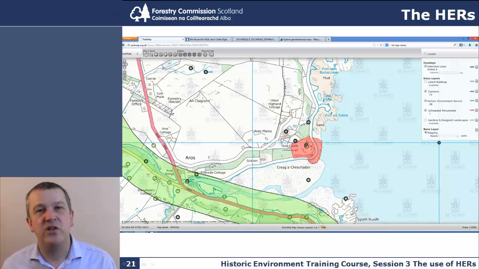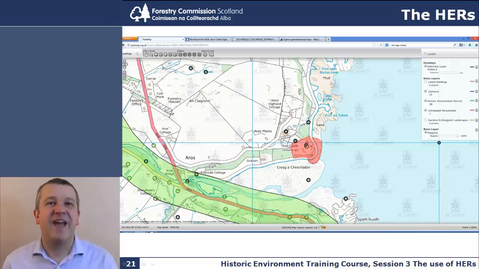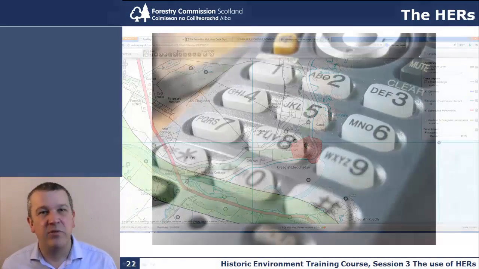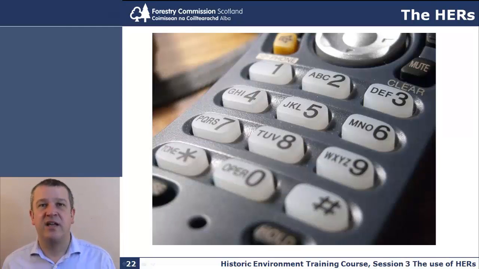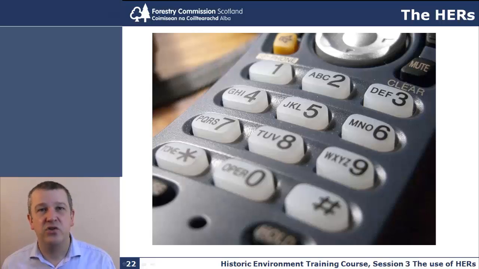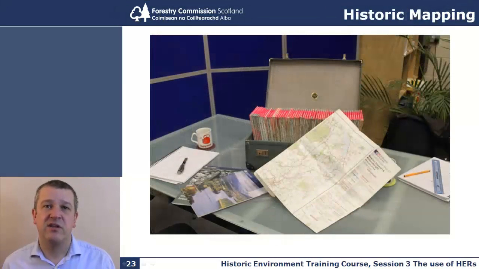You must question the origin of the data, its accuracy, and an absence of sites may simply reflect an absence of work. If you have questions about HER data, want to check whether they have additional sites, or seek advice on shortcomings in the known sites, contact your local archaeology service, or for national designations, Historic Scotland.